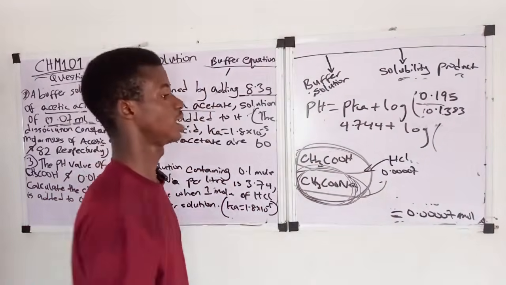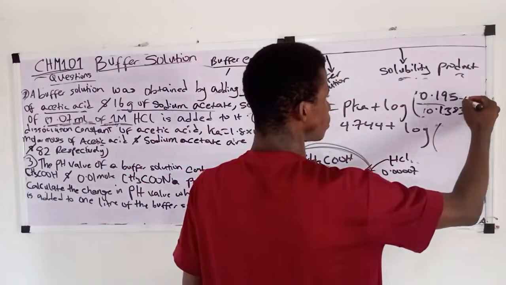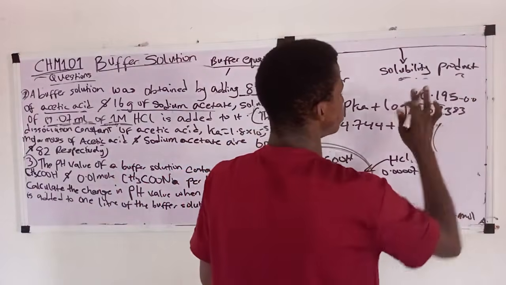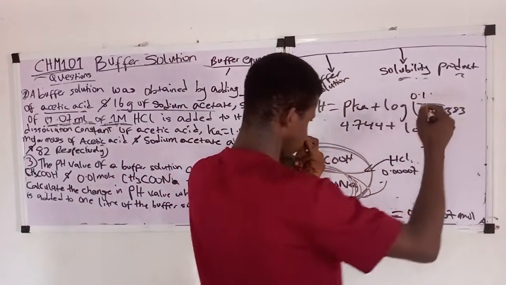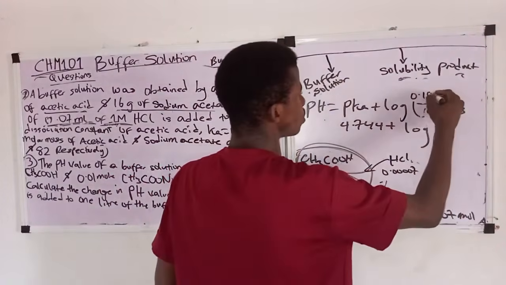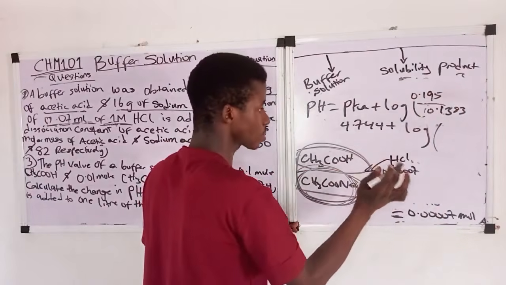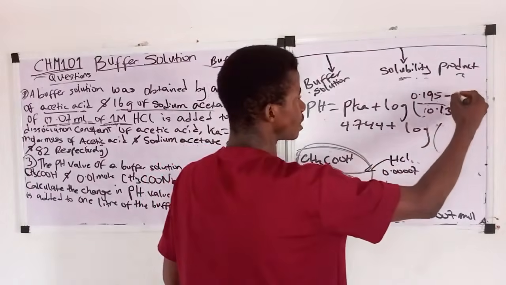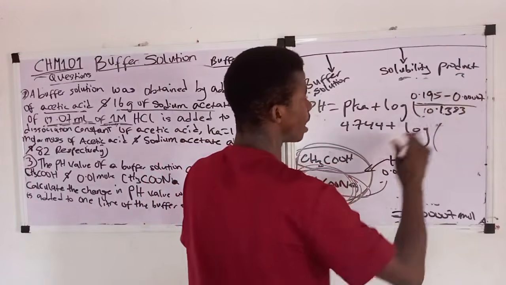Since it is the salt part that will neutralize the acid, we put minus here. So 0.195, and we subtract 0.00007, as I've told you guys earlier, then divided by 0.1385.